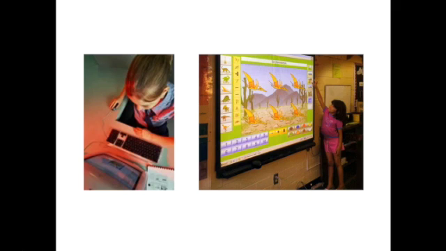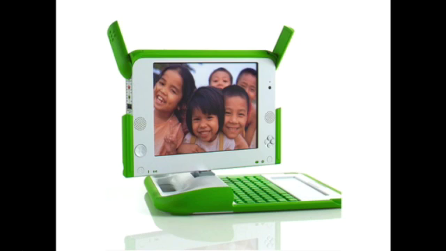We've got interactive whiteboards. You won't find a primary school now that doesn't have an interactive whiteboard. They've been very, very popular, quite controversial in many respects, but lots of primary schools now have got banks of computers, and many primary schools now have even gone to one-to-one, where every student has a device or computer all the time. The One Laptop Per Child program probably was the biggest driver of this.